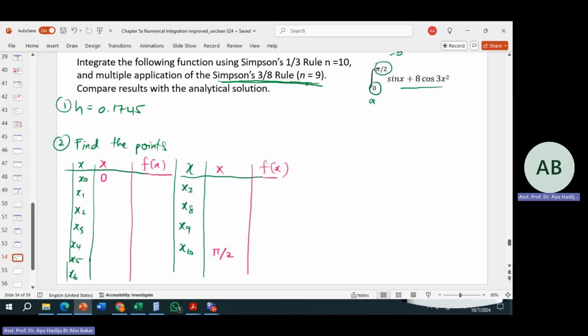But since we don't have enough time to do both, just do the n equals to 9 section.